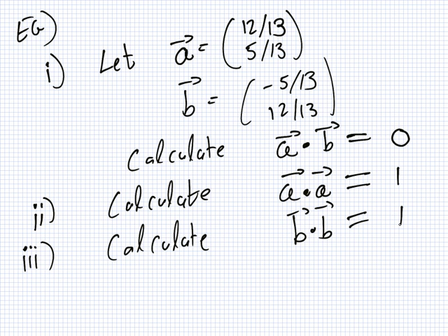Now, let's just check something. I'm going to go back to this question in a moment. But for one moment, let's go to the side here. Is it right to say A dot B equals B dot A? Is that true or false, do you think? Well, just think about it.